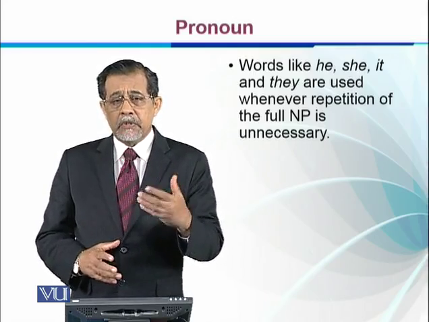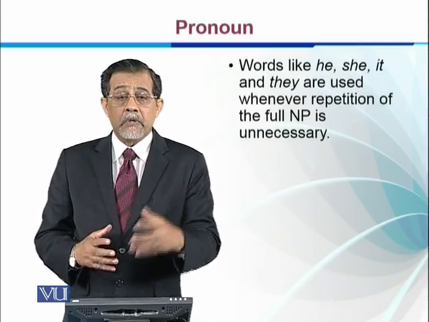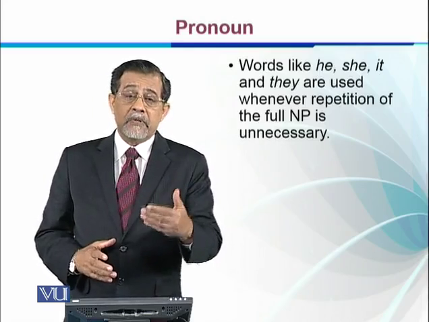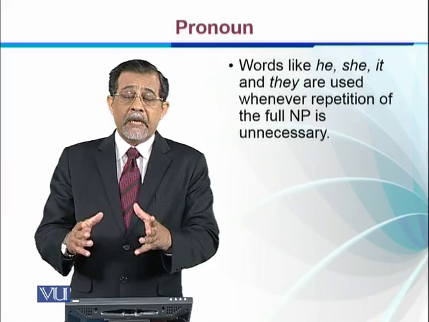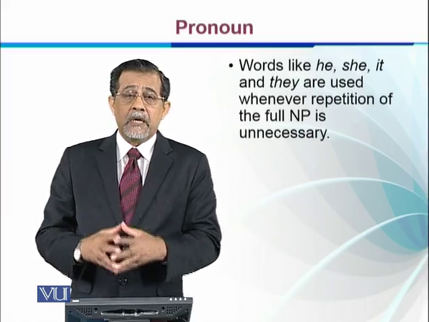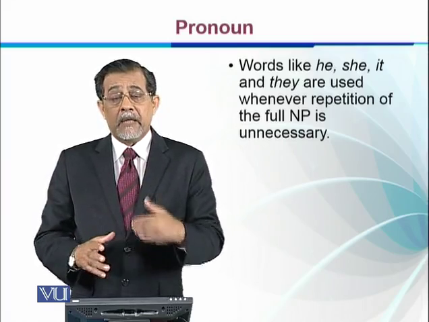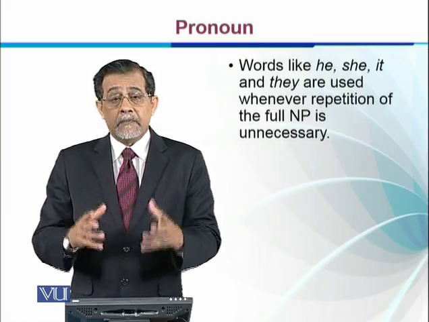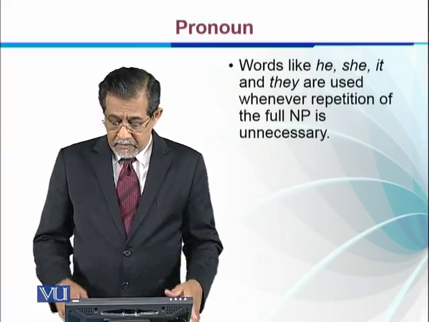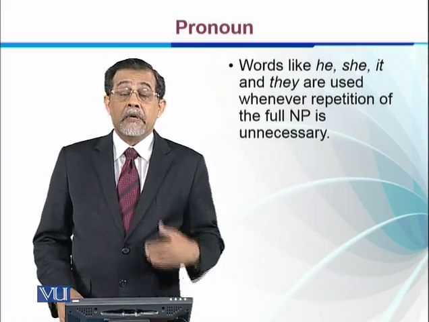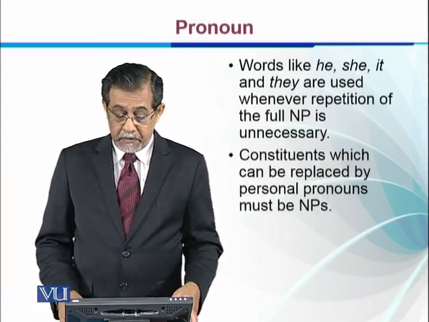Similarly, we use you for second person, the person spoken to, you for singular and you also for plural. Then we have he, she, it. They are third person singular pronouns, and they is the plural pronoun. So, whenever there is a repetition, we avoid the repetition of the noun phrase and use these pronouns.